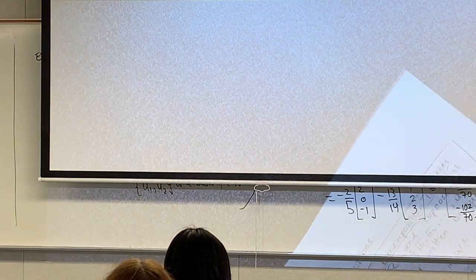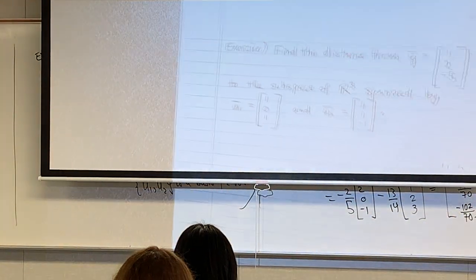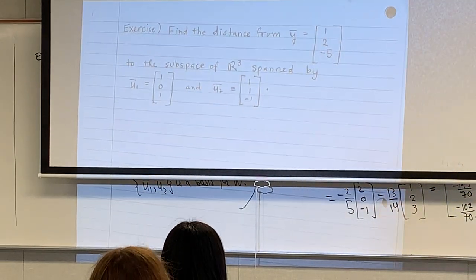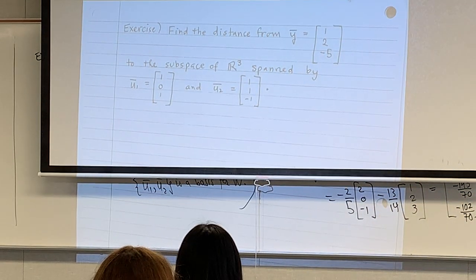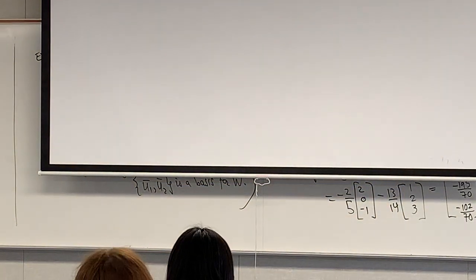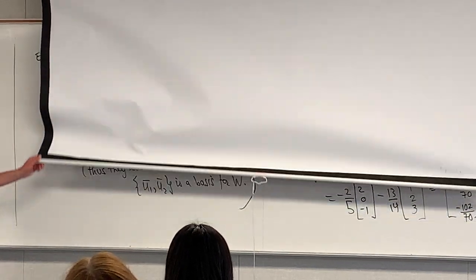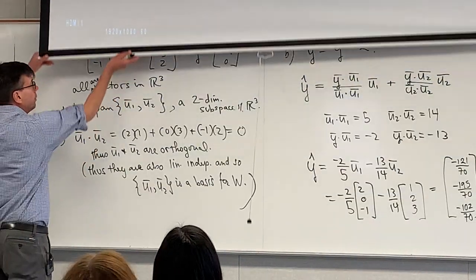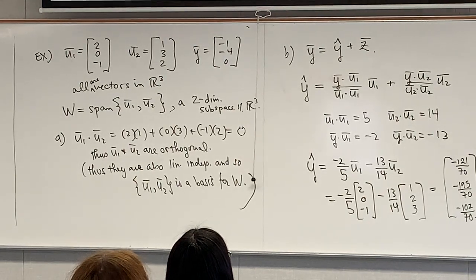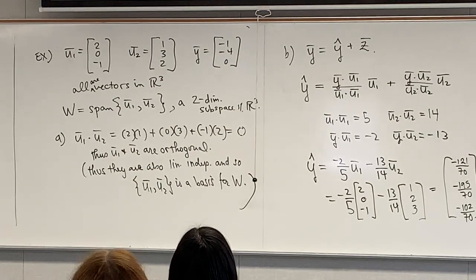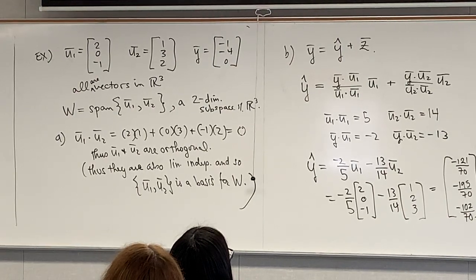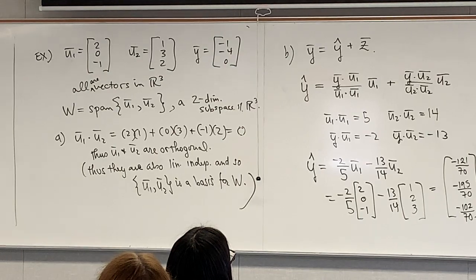Let's turn the page. Oh, and we got another problem to do. So I think I'm going to put the screen up again. Let's actually find the distance from y to w. And this is not the same u1 and u2 as in the previous problem.